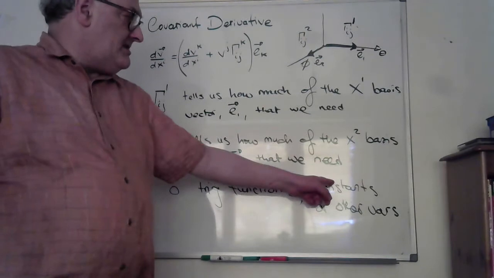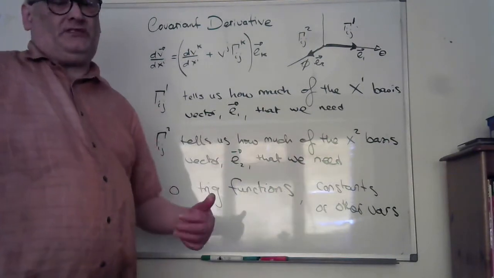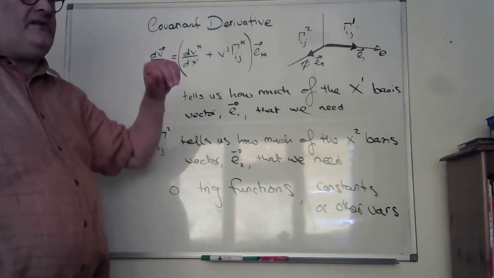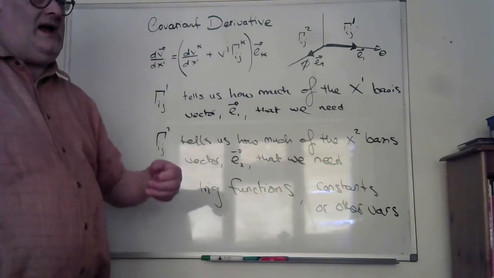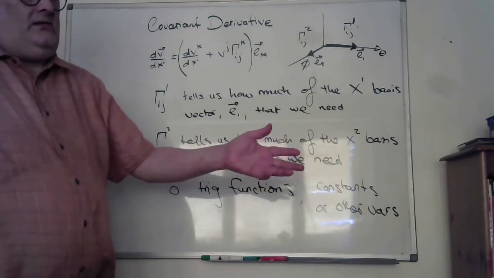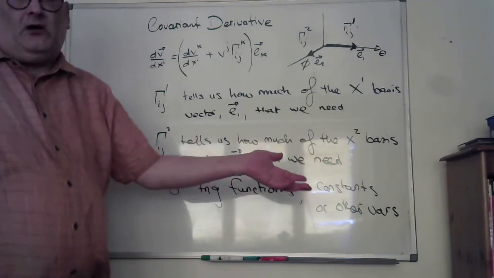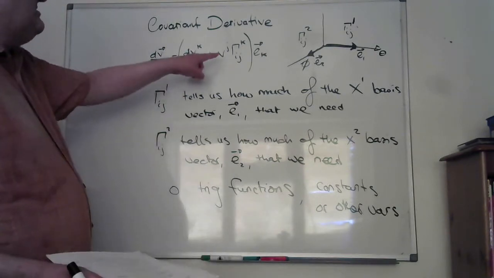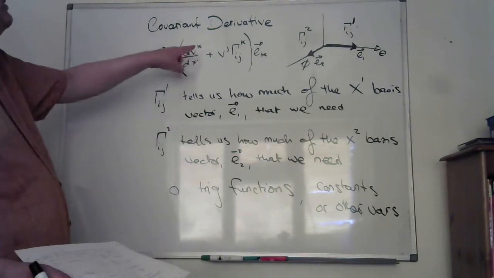In some cases, they're constants or other variables. So if you're considering variable height or something like that, then you might have a rho which is variable, or it might in some cases just be constant. So if they're constants, it makes this equation a lot easier to solve.